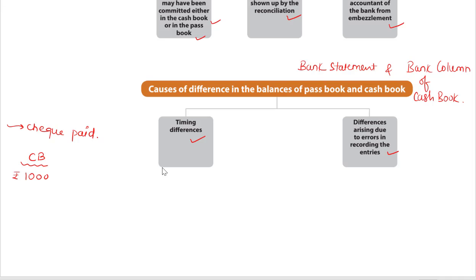So you will write minus 1000 because you had already paid it. But it will take 3 to 4 days for the bank to clear the check. So in the passbook, what happens? This 1000 will not be deducted. And that is because there is a timing difference of 3 or 4 days.